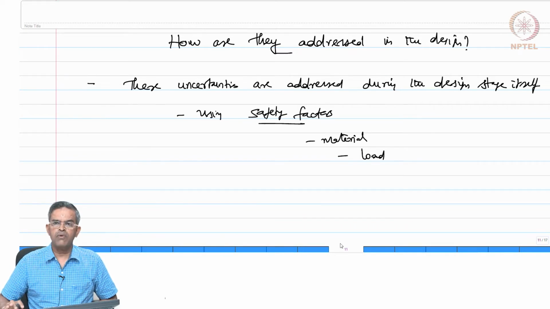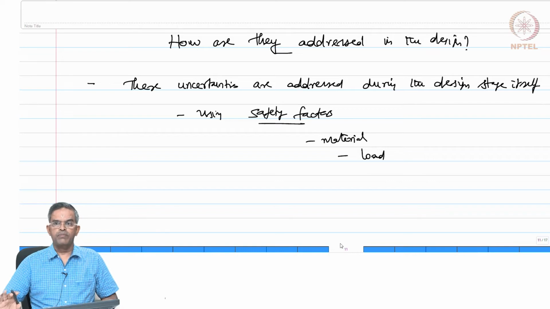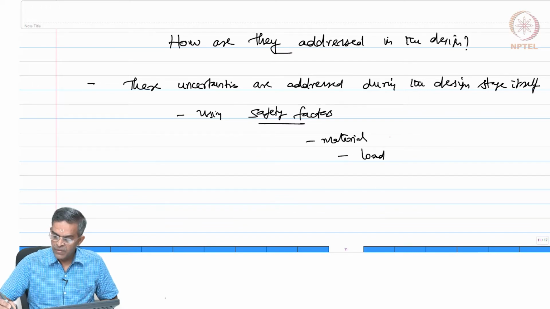We are not talking about issues coming from the environmental conditions. We believe that these conditions influence either one of them, and that is accounted directly if we count for material or load purposes. So, we use safety factors for them. Since each one of them is independently addressed in the design, we call them partial safety factors.